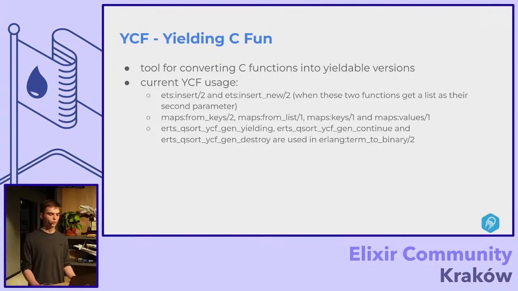So for example, when you are inserting something into ETS or when you are using some functions on maps, even quicksort is implemented in a yieldable version and used in Erlang term_to_binary. And because this should be pretty simple, we can take a look at how the usage of such a tool looks.